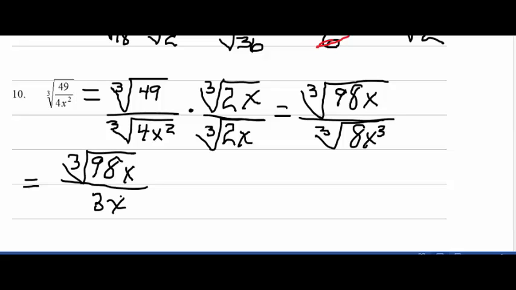And then I would just want to make sure that there aren't any perfect cubes that divide evenly into 98. And 3 cubed is 27, 2 cubed is 8.